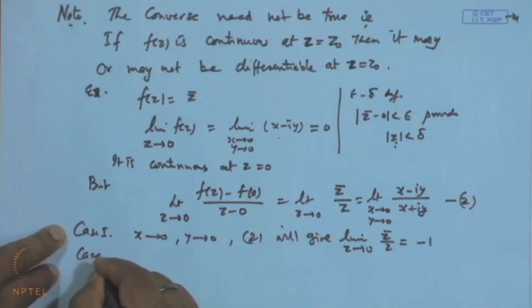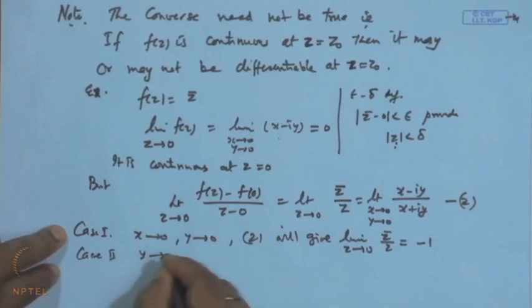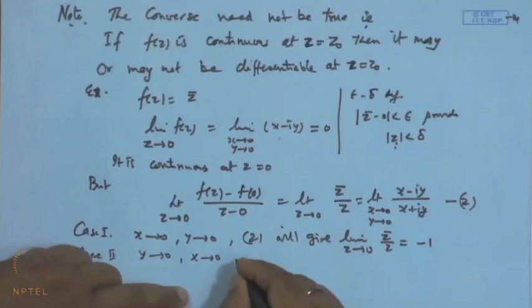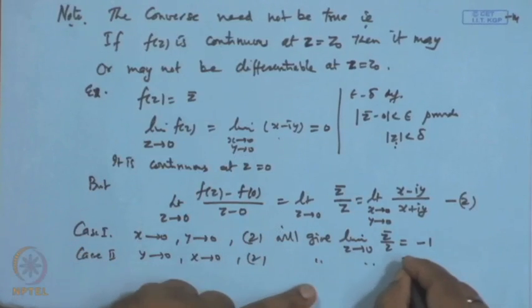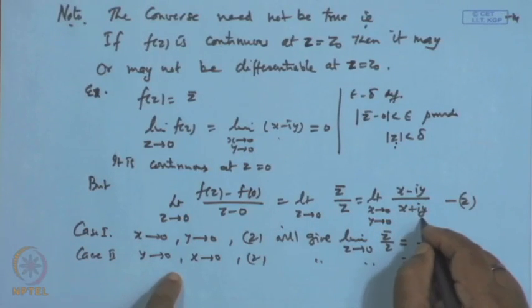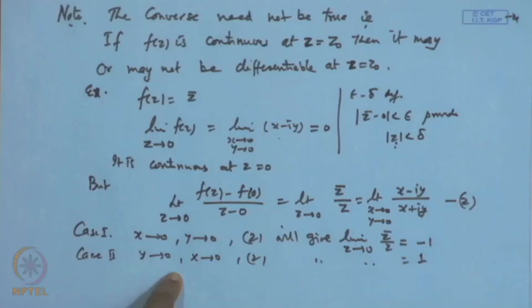Case 2: if y tends to 0 first, later on x tends to 0, then expression 2 will give x over x, so the limit will be 1. So the limit varies when the path changes.